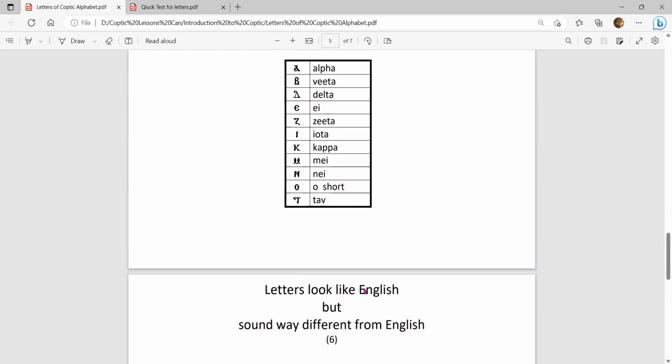In the coming videos, we shall have an explanation of the letters in the Coptic language.